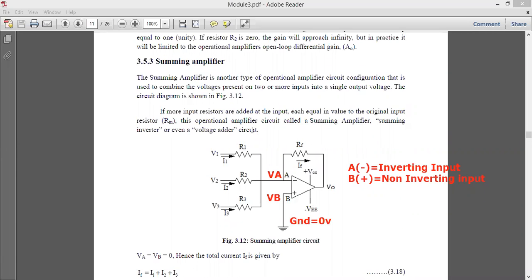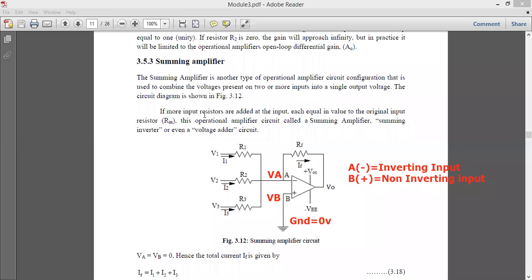Therefore, if more input resistances are added at the input terminal, it means you can add n number of inputs. You can add V4, V5, V6, up to infinity. If you go on adding the resistance values here, those many inputs, with their respective voltages, will be inputs to this particular op-amp.